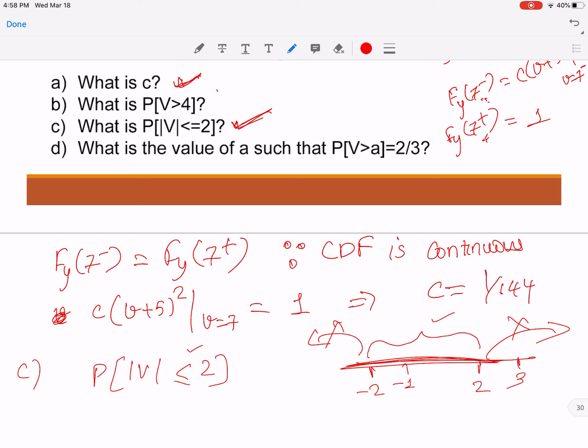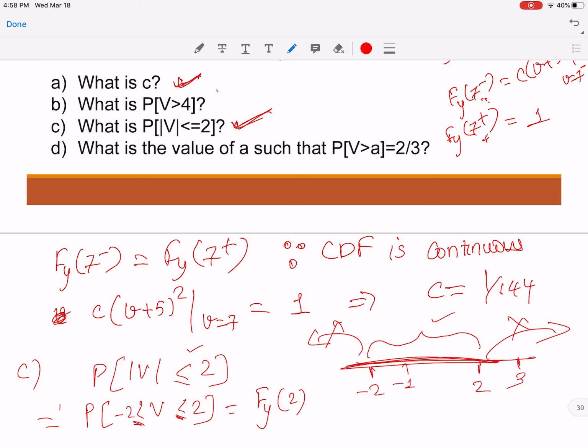So the probability that the absolute value of v is less than or equal to 2 boils down to finding the probability that v is greater than or equal to -2 but less than or equal to 2. Again, whether the endpoints are included or not doesn't matter. So to find this, I can just apply the CDF and subtract the values of the CDF at the endpoints of the interval.